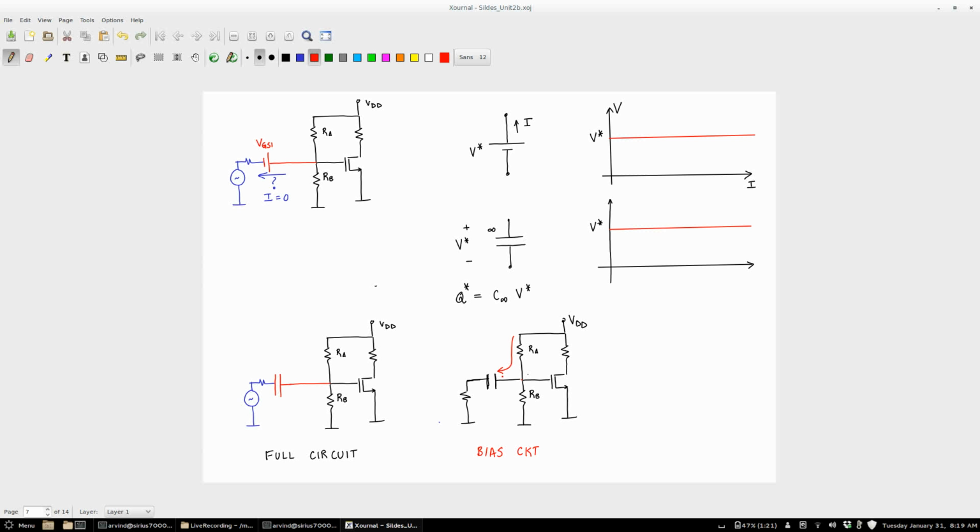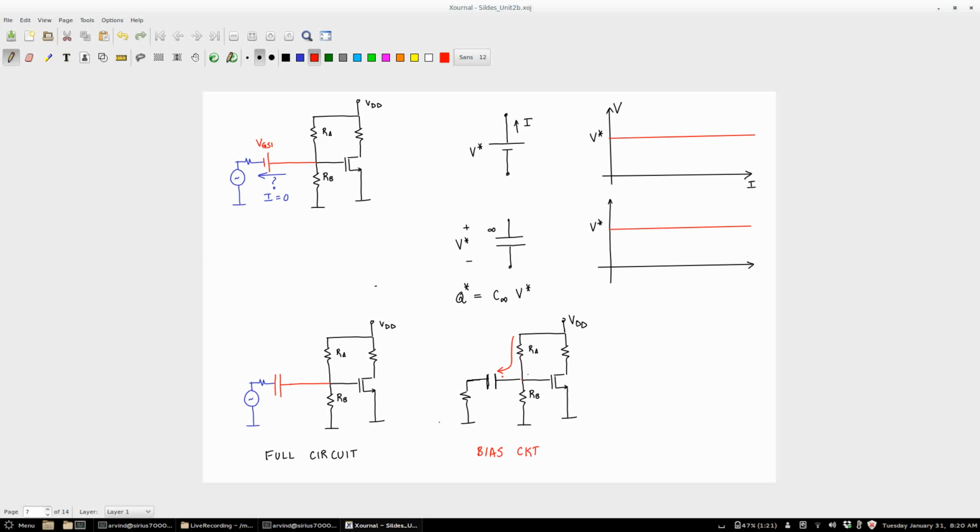Initially, when this capacitor has zero charge, current will flow in like that. It will keep flowing till the capacitor is charged, and that charging will have some time constant. So we'll choose the capacitor such that everything will work. Once the capacitor gets charged, you use the idea that a charged capacitor is effectively a battery, and so there's no current going to flow. So you can look at it as both these things.